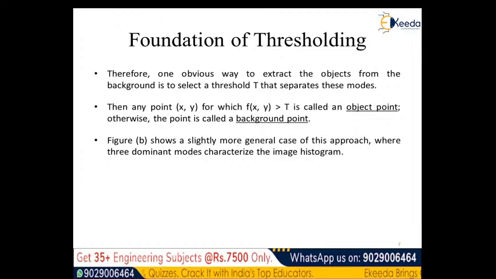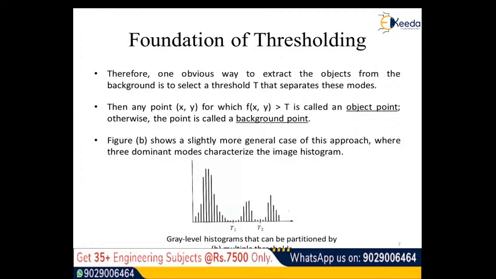Here you see the gray level histogram that can be partitioned by multiple threshold levels. Here I show the gray levels plotted on the horizontal axis and how many times that particular gray level has occurred in the image plane plotted on the vertical axis. Now you see the three prominent groups.